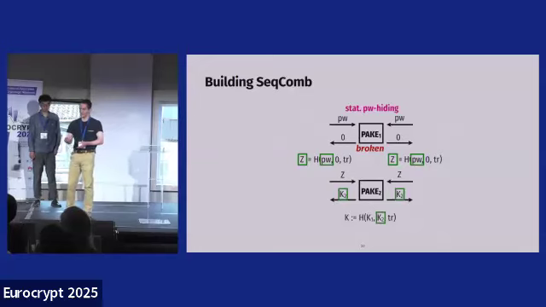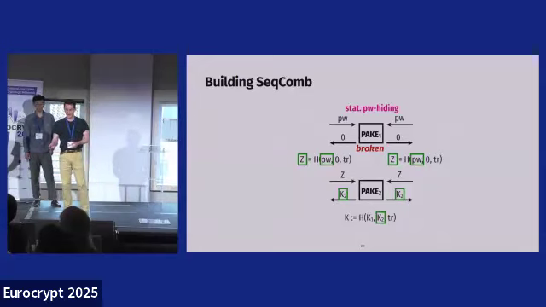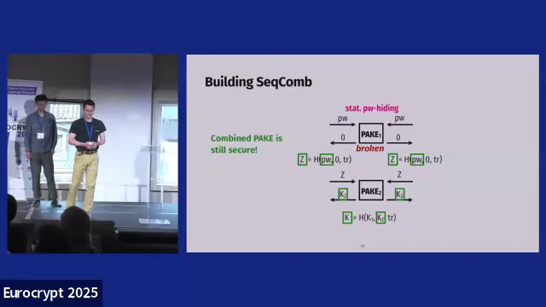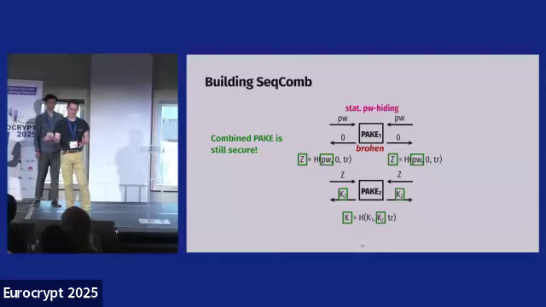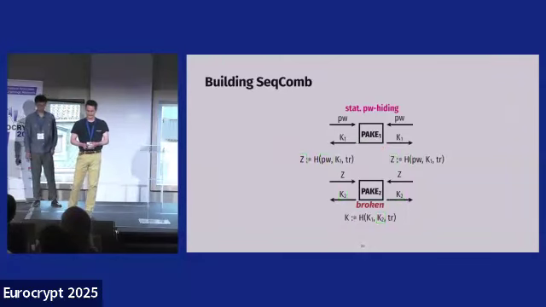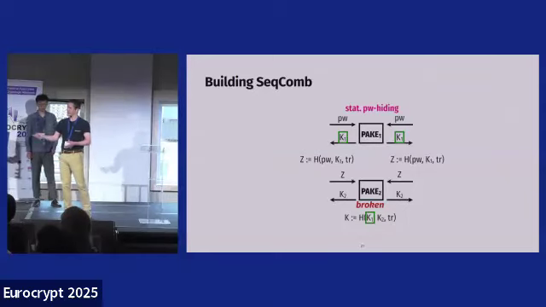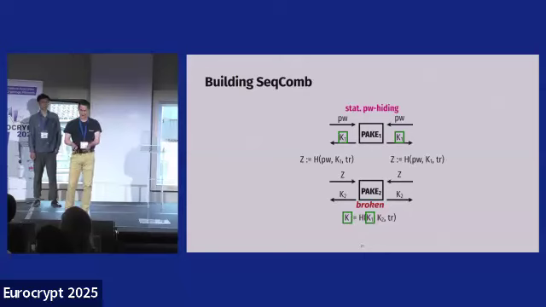And so you're going to be feeding Z into the second PAKE, and you will get a final shared secret that is still secure. Okay. And what happens in the other case when PAKE 2 is broken and PAKE 1 is secure? Then your K1 is going to be secure, and so your final K is still going to be fine, right?